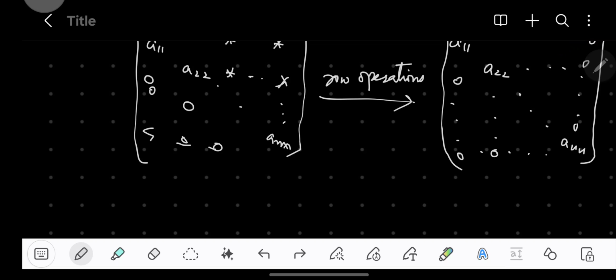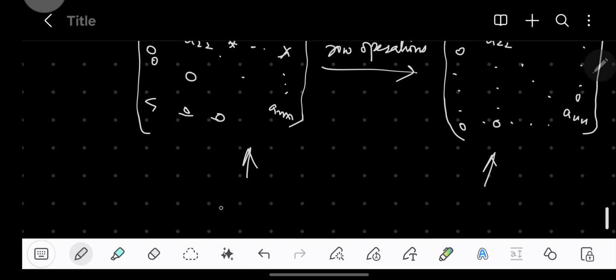Now, what is the determinant of this matrix and this matrix? Since we have used only row operations, and we have not swapped anything and we have not multiplied any row by any scalar, we have just applied the row operations.